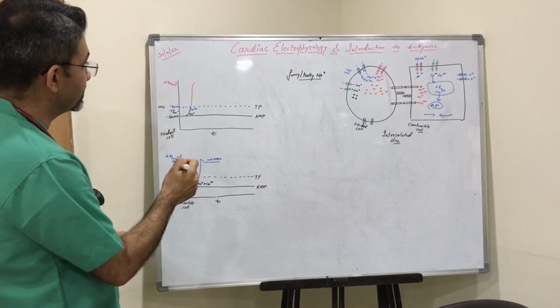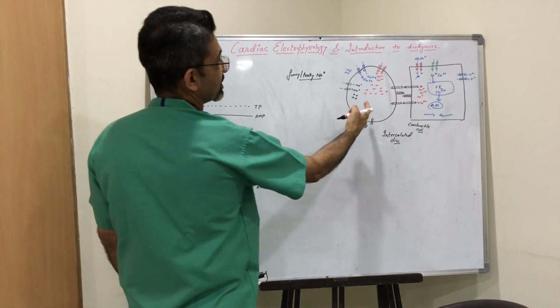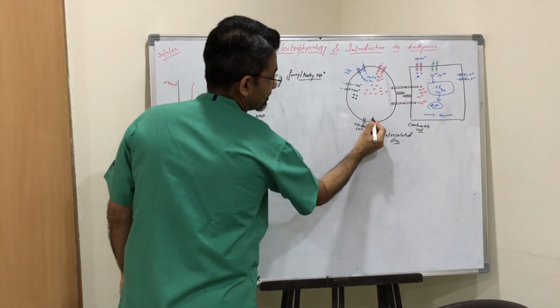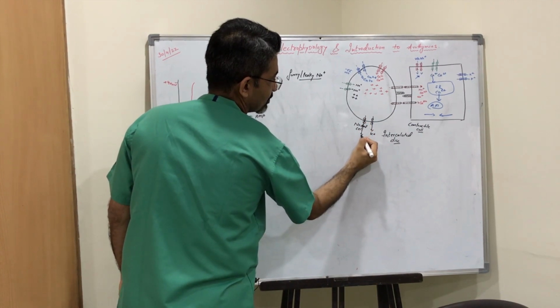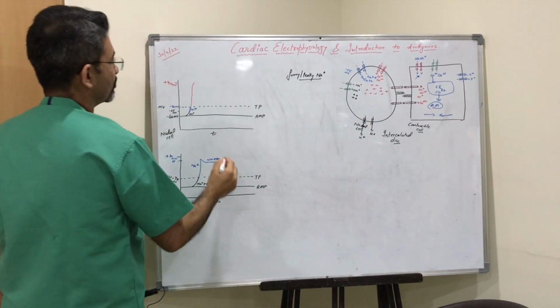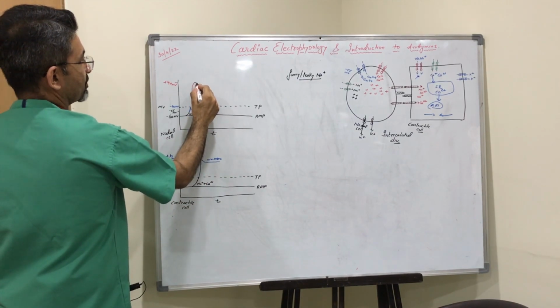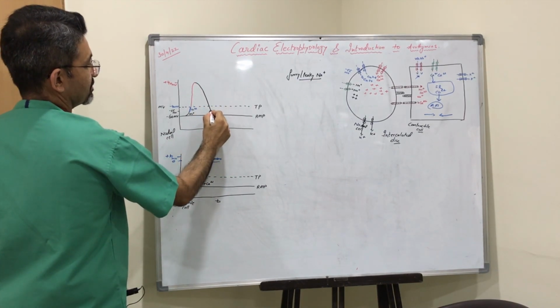At that very moment, potassium starts leaving the cell. The moment potassium starts leaving, the action potential falls.